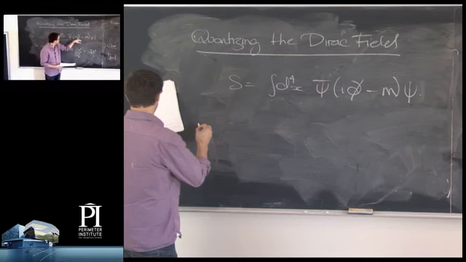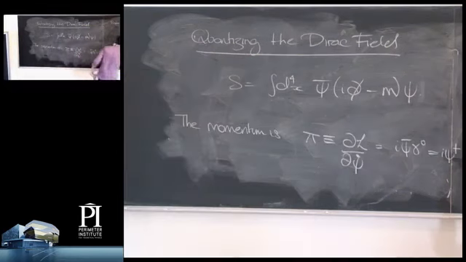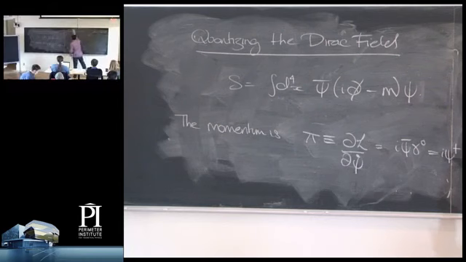Differentiate with respect to psi dot. There's the i, there's a gamma 0 lurking in this d slash, and there's the psi bar. But psi bar gamma 0, we have a name for that. That's just psi dagger.